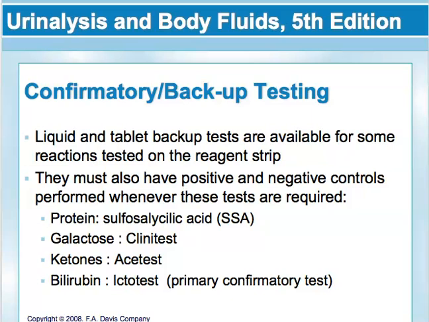And then sulfosalicylic acid, or SSA, is a backup test for protein. So based on your lab's protocol, a lot of times if any of the reagent strip results are positive, you may have to perform one of those confirmatory or backup tests also.